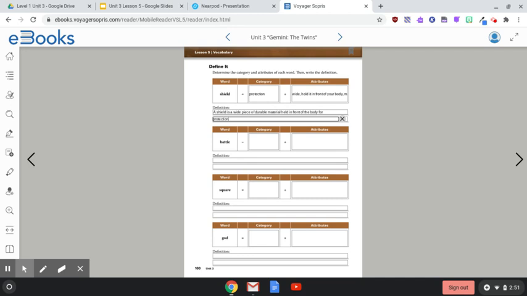Now, by that reasoning, what category would a battle be? And what attributes make it special? Once you have your category and attributes recorded, I want you to go ahead and record your definition.